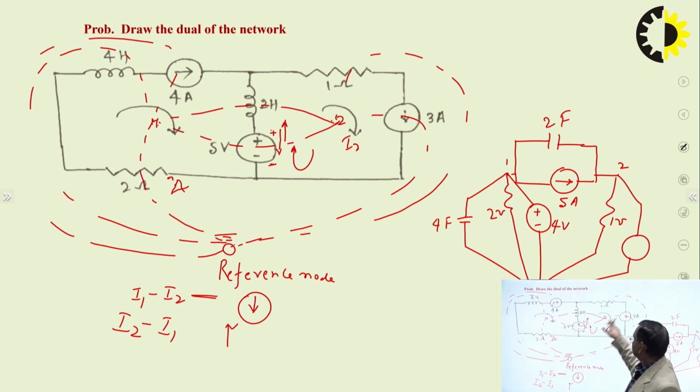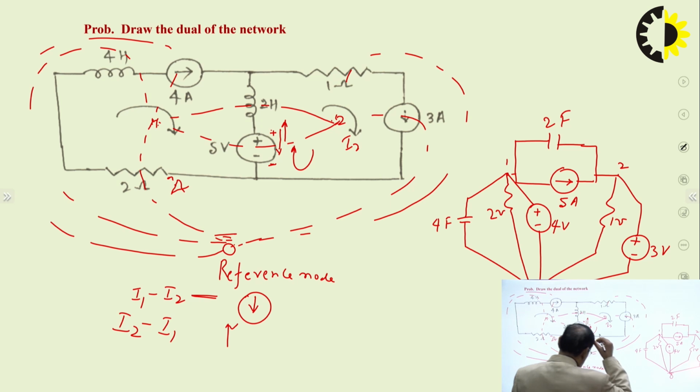The mesh current and the direction of the current source are the same. So the polarity plus will be towards the node and so it is 3 volt. So this is the dual of the network.